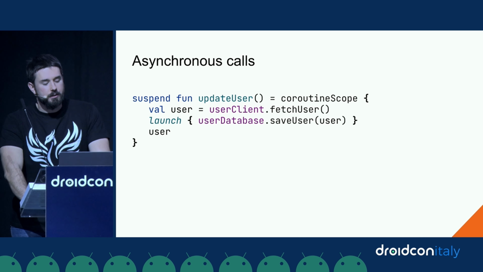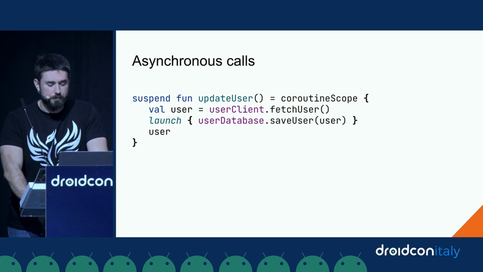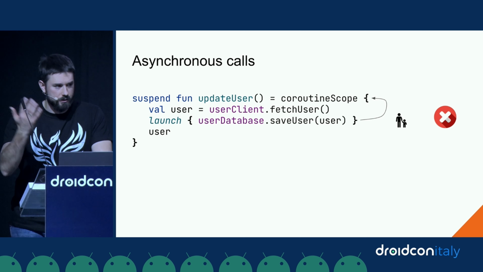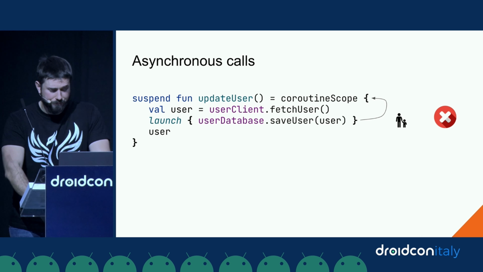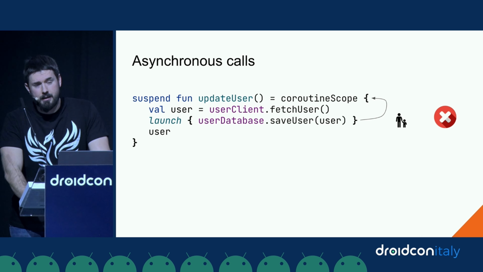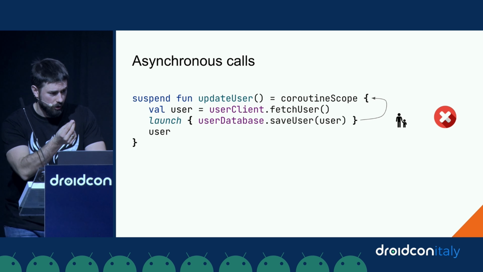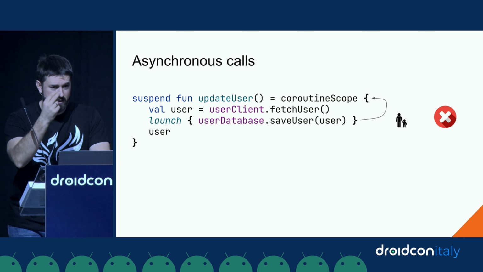Why? Because of structured concurrency. This launch is a child of a coroutine scope. And because of the rules of structured concurrency, a parent needs to wait for its children. Coroutine scope is essentially a suspending function that starts a coroutine, but it's a synchronous coroutine. Yeah? It starts a coroutine, but it suspends the current one until its own is completed.